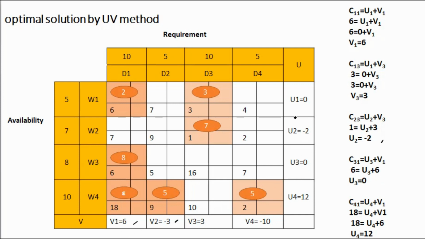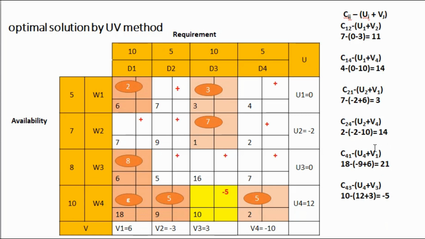Similarly, the u's and v's are calculated for this entire matrix. Once we calculate the u's and v's, next we go for finding the net evaluations. The net evaluations are nothing but Cij minus of ui plus vj. That means for the first non-basic cell here, W1 D2, that is the first row and the second column, we have C12 is equal to 7, minus of u1 plus v2.